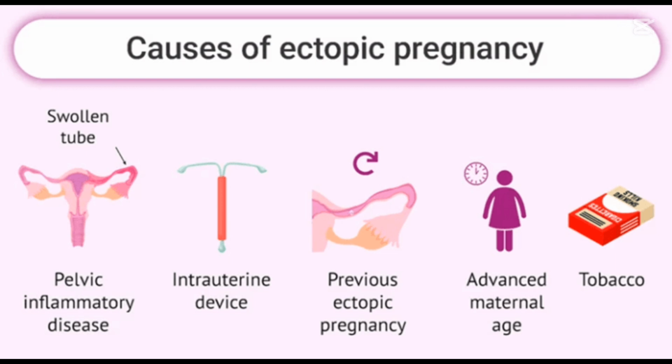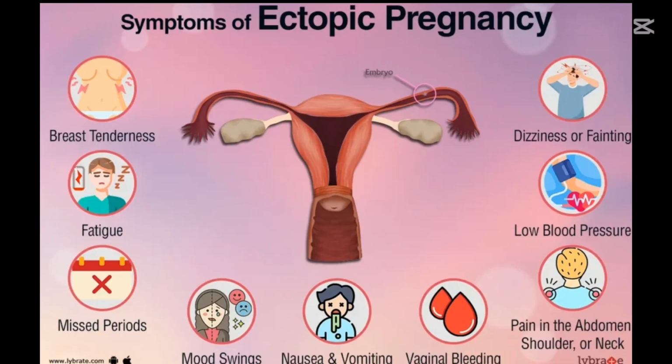So what then are the signs and symptoms? So the various signs and symptoms include a patient coming with a history of a missed period, what we call amenorrhea. The patient can also present with vaginal bleeding, which can be light spotting to heavy bleeding. The patient can come in with abdominal or pelvic pain, and this in most cases is often unilateral and can be severe.